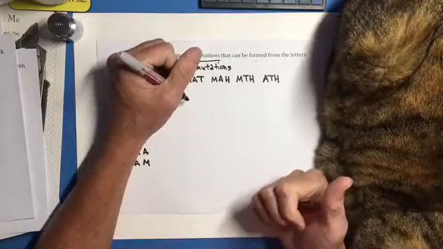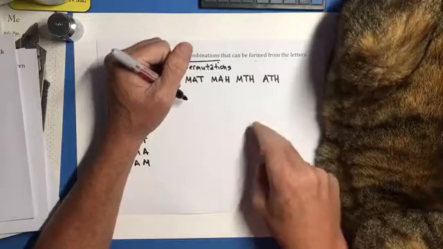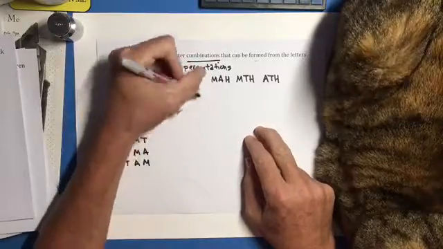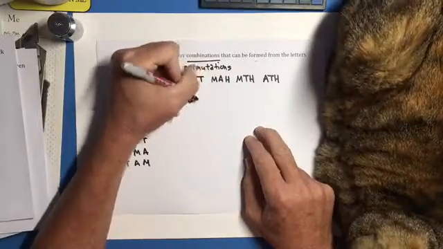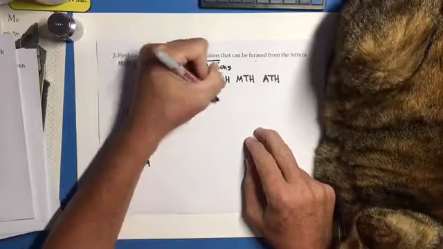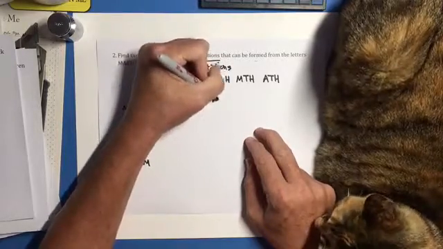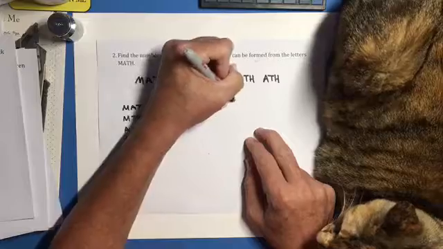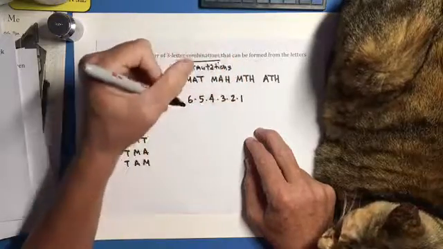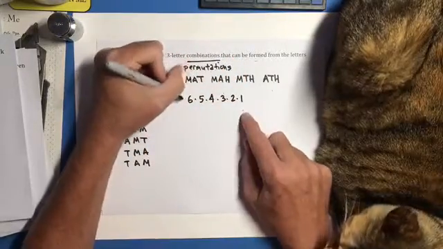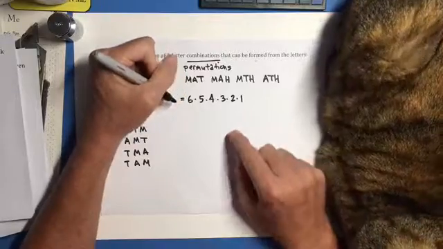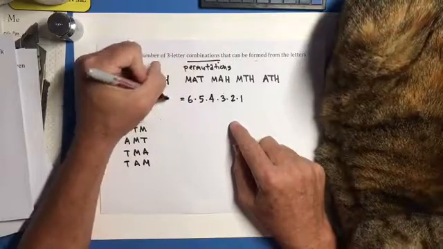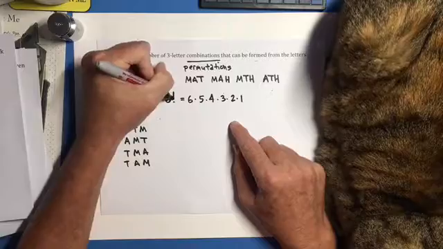From the last problem, we saw that we multiplied 5 times 4 times 3 times 2 times 1. Anytime we take a number, let's say 6, and we multiply it by all the numbers successively less than itself, 5, 4, 3, 2, 1, that is a mathematical function. It's called factorial, and it's usually written with an exclamation point.